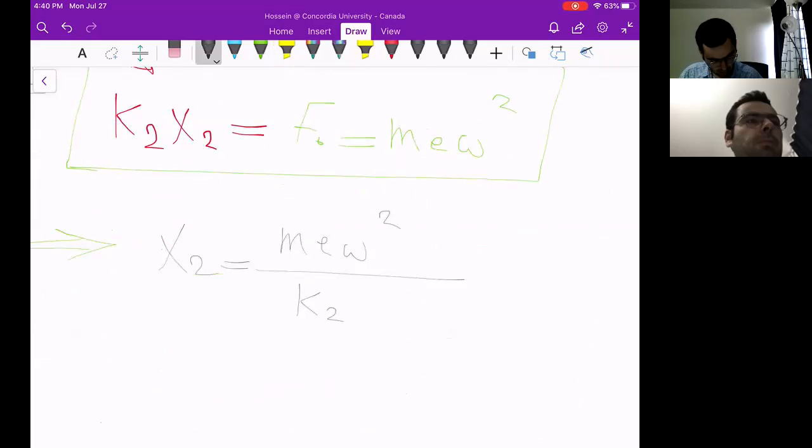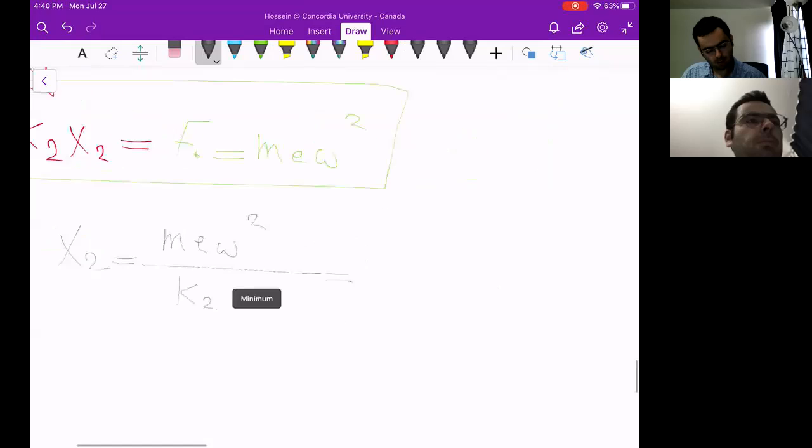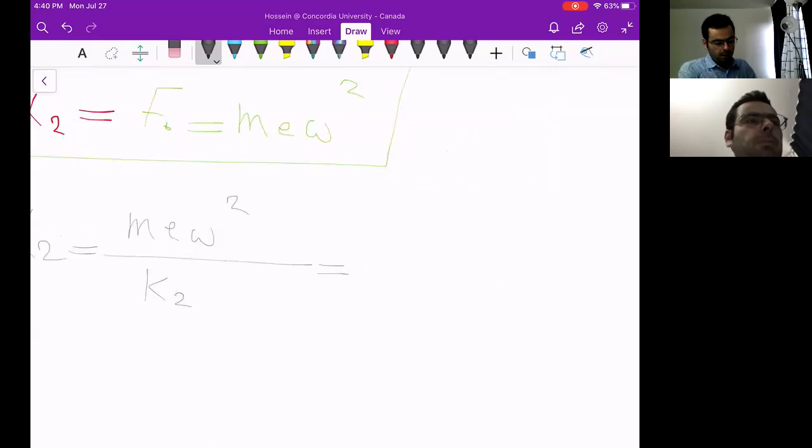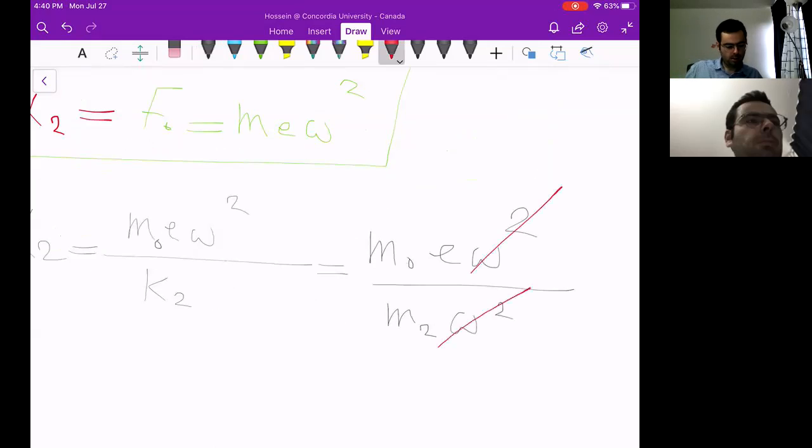And I could write, even though I have the value of K2, just let me simplify it further before inserting any numbers. So M naught E omega squared, and K2 is M2 omega squared, right? So I can cancel out omega squared.